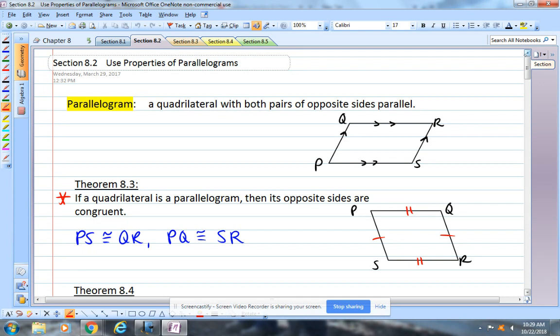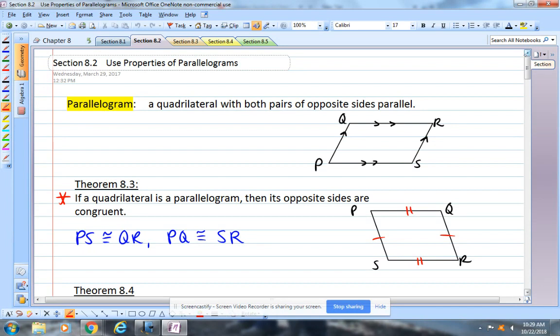So, for example, in this parallelogram, remember that we indicate parallel by the same number of arrows. Segment PQ is parallel to what segment? SR. And segment PS is parallel to what segment? QR. And how do we show parallel?